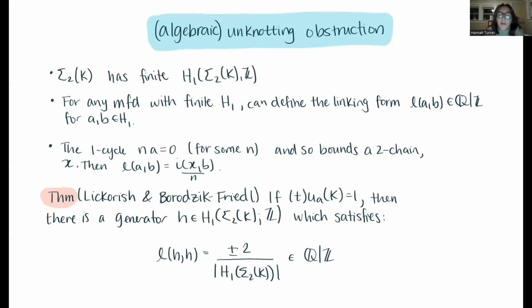And the obstruction that we'll use, due to Licorice and Borodzik-Friedl, is that if the algebraic untwisting number is 1, there's some restriction on this linking form. So they showed that there's a generator in first homology which pairs with itself in this particular way.